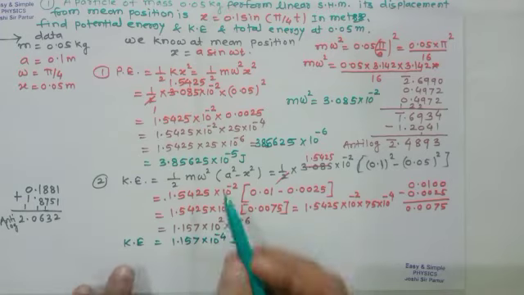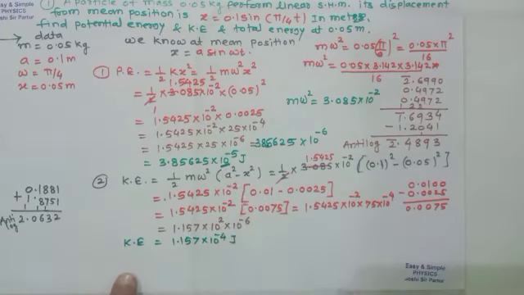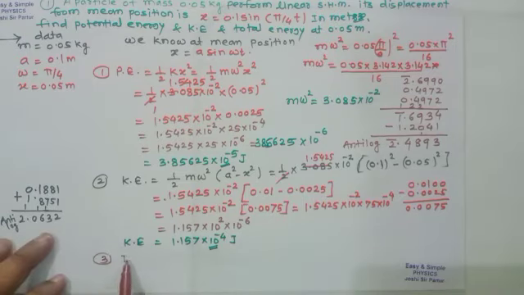Here potential energy will be 10 to the power minus 5, kinetic energy will be 10 to the power minus 4. Again, the third will be total energy. If we can find out total energy, so total energy equal to kinetic energy plus potential energy.